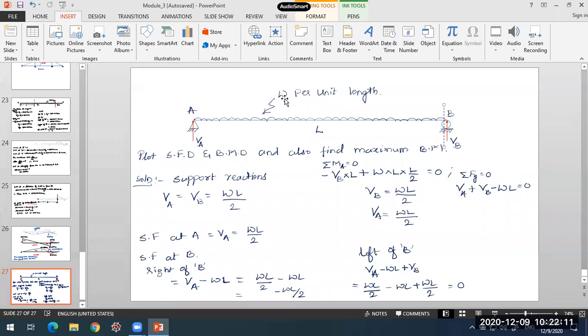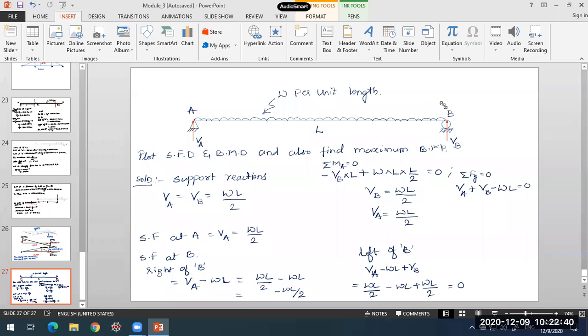The total load due to UDL is W into L, intensity per unit length into total length. So VA minus W into L, because it acts downwards; a downward force on the left side is assigned a negative sign. So the shear force when my section is to the left of support B is minus WL by 2.